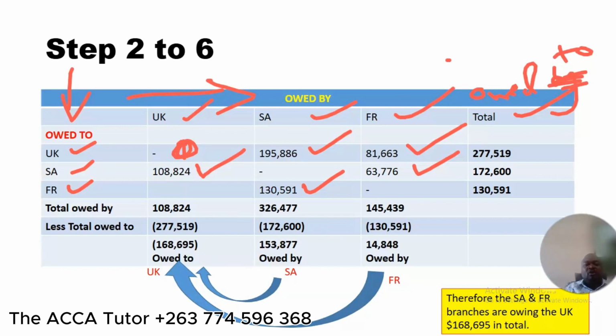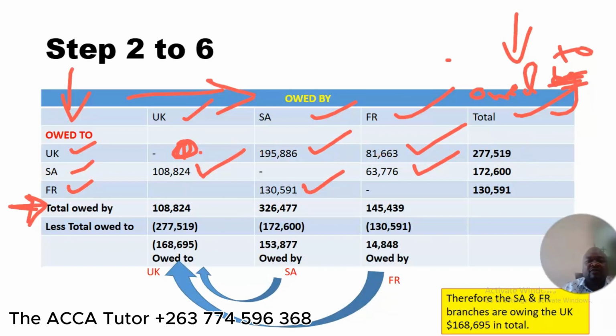So we then have to calculate the total owed by and the total owed to. This is the column for the total owed to, and this is the total owed by. How do we get the total owed to? You just have to add everything in the rows.